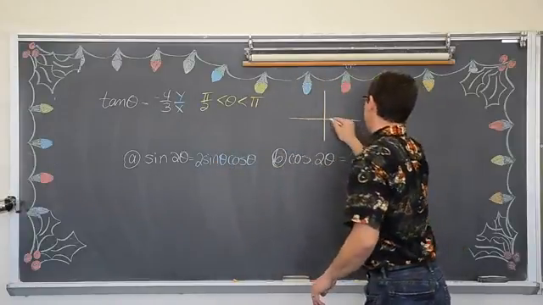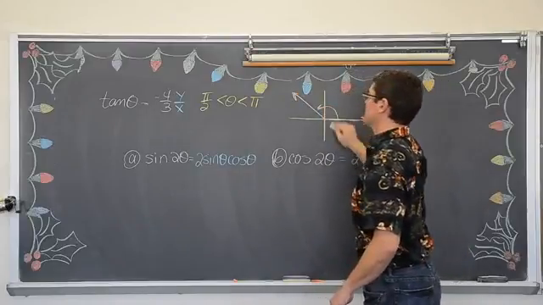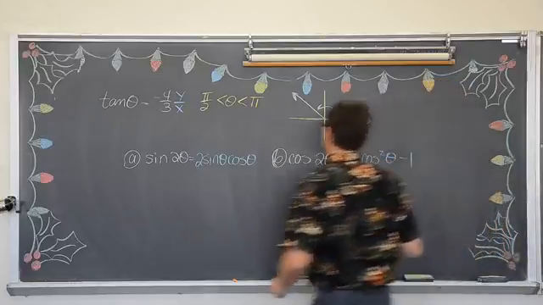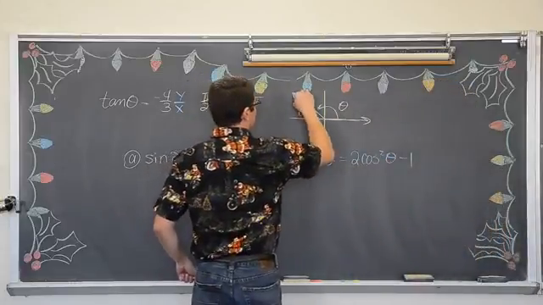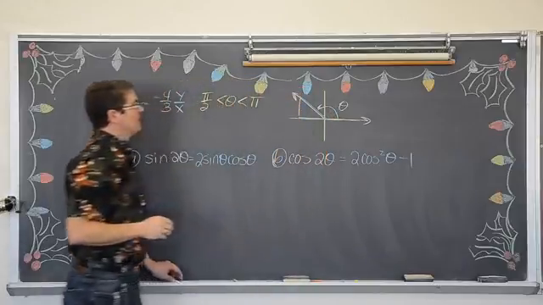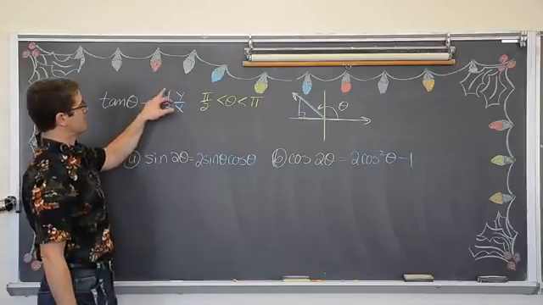So there's my x and y axis, there's my initial side, there's my terminal side, here's my angle theta. I'm going to draw my reference triangle, which is an acute angle. It measures the number of degrees or radians between the terminal side and the x-axis. And my reference triangle is going to be set up with y over x, so 4/3.